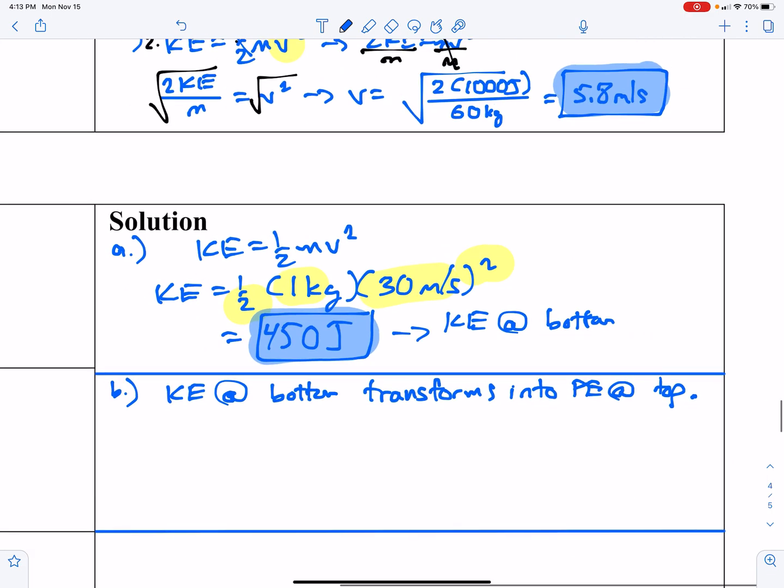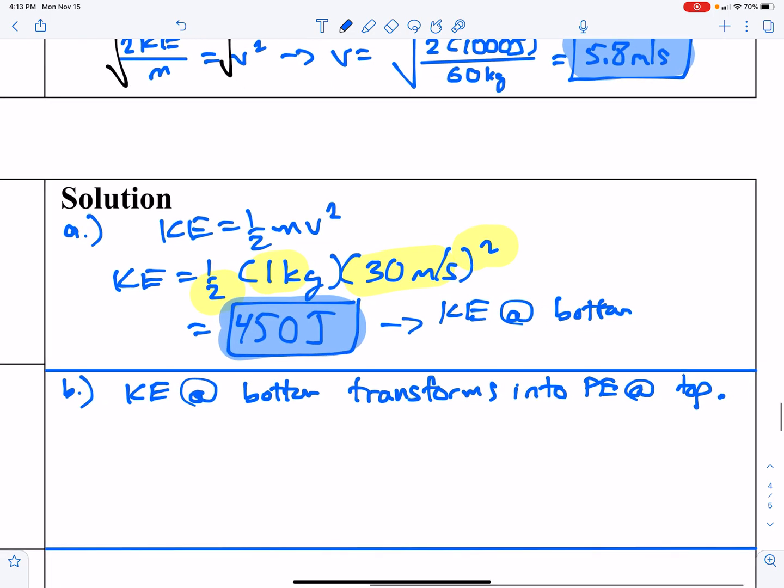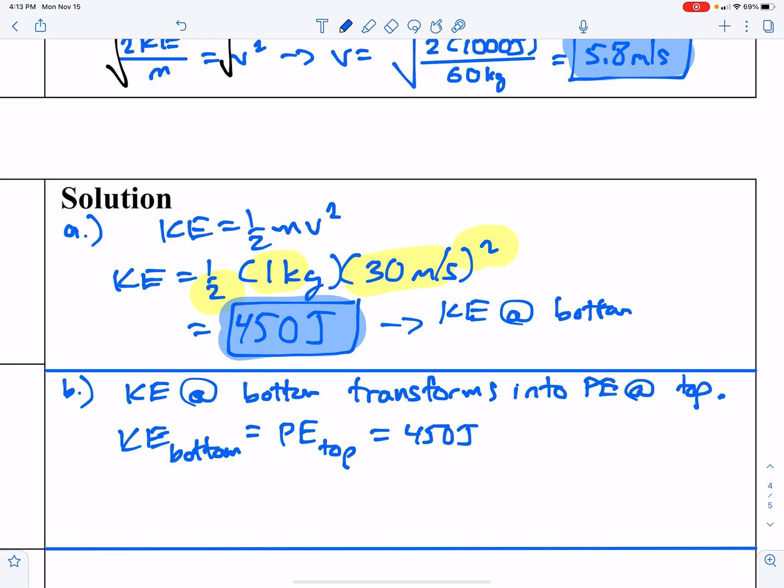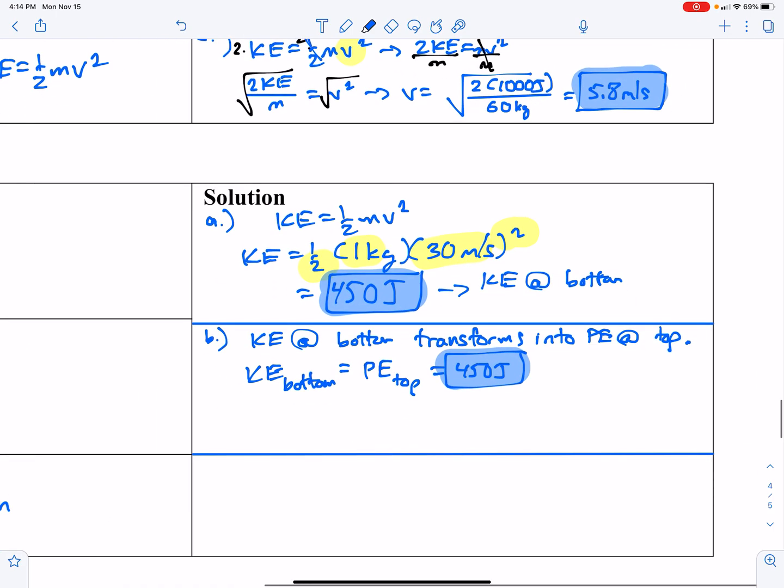That is a statement we're going to develop a little more in depth this week. This means the kinetic energy at the bottom equals the potential energy at the top, which equals 450 joules. So the 450 joules of kinetic energy we found in part A is also the potential energy found in part B.